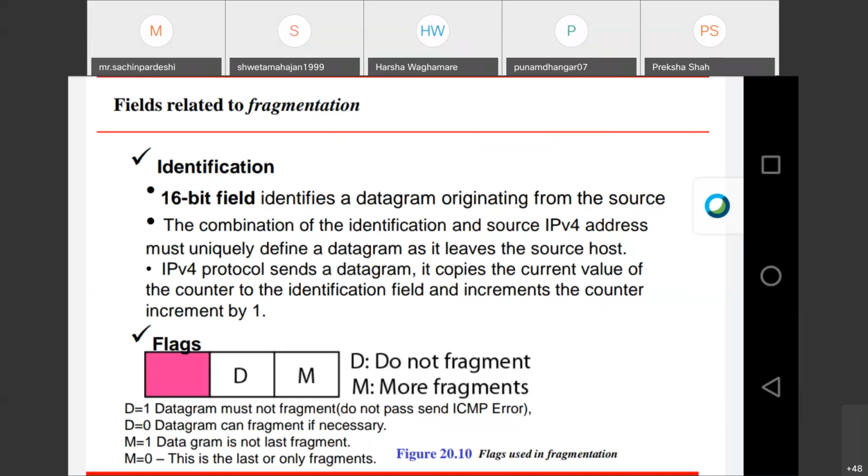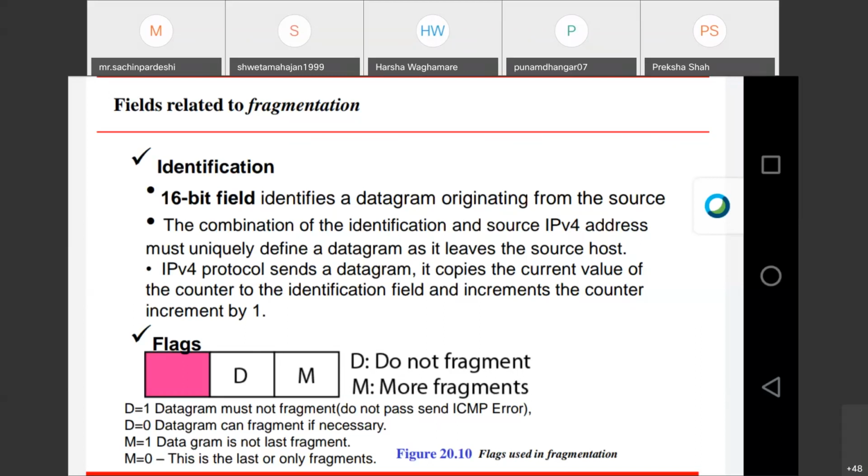If you have a datagram whose identification value is 4, and you divide this datagram into three parts, then in all three parts the value would be the same, that is 4, 4, 4.